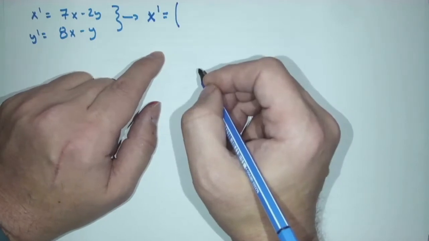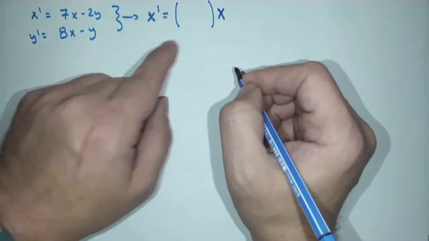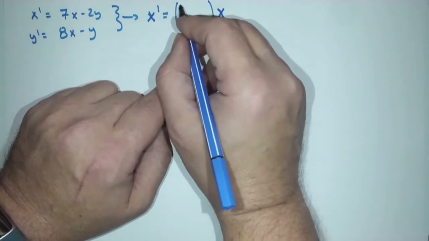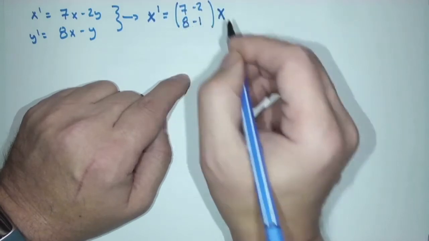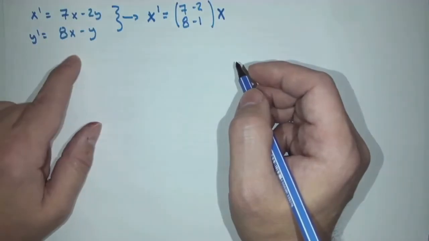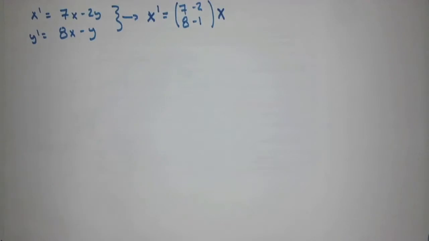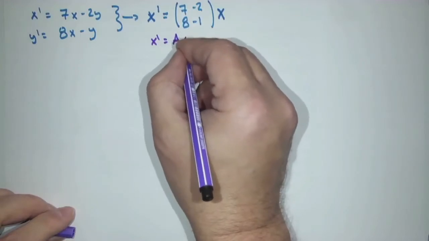What goes into the matrix? 7, -2, 8, -1. In other words, the coefficients. Now that tells us we're in our setting x prime equals Ax, where A is our matrix.